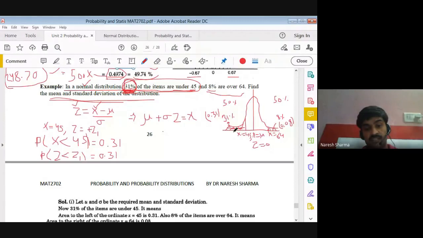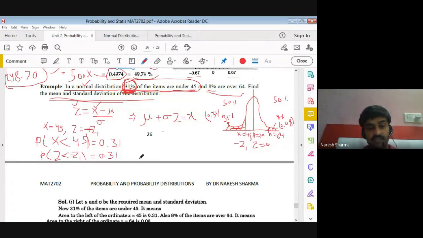So this probability here, 0 to z1, or you may write minus z1, it's your choice. Same reason here, z1 to infinity. Here it is minus infinity to z1, so we may write minus z1 just for convenience. As the left side is negative, I write minus z1.